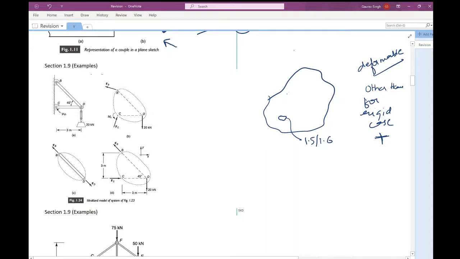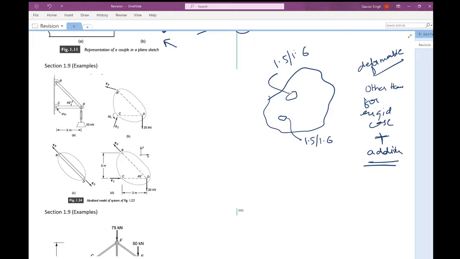If you take any other interval, this will also satisfy 1.5 and 1.6. This additional condition is not required in a rigid body for equilibrium, but for a deformable body this is required.